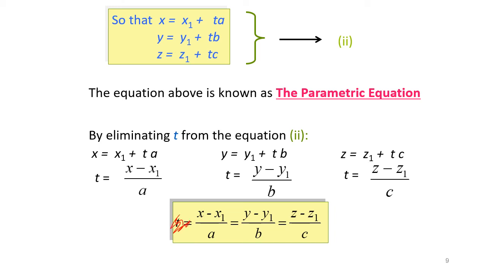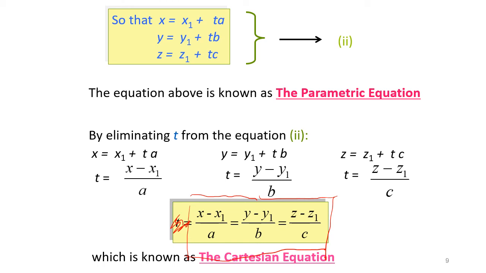We just omit the t at the front. So our focus is the equation here without the t, right? So this kind of equation is what we call the Cartesian equation. So remember, in a Cartesian equation, we only have x, y, and z, and without t. So this is what we call Cartesian.